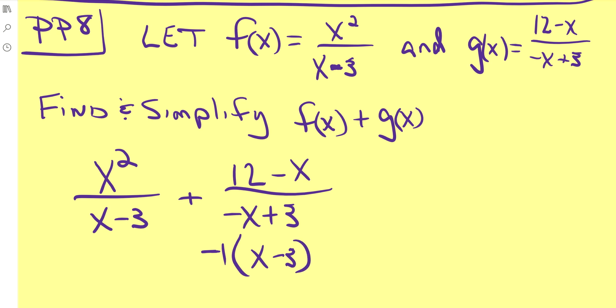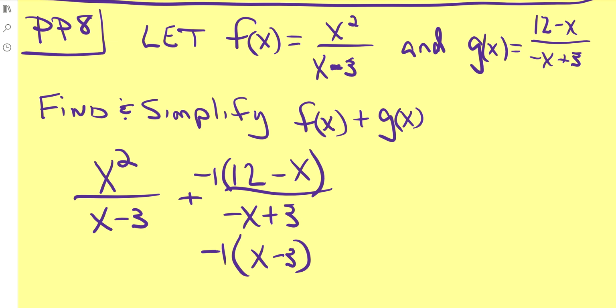There we go. So that means I'm multiplying top and bottom by negative 1. Did I do that right? Yeah, because I've got an x minus 3 here and an x minus 3 here. This side does not have the negative 1, but this side does.